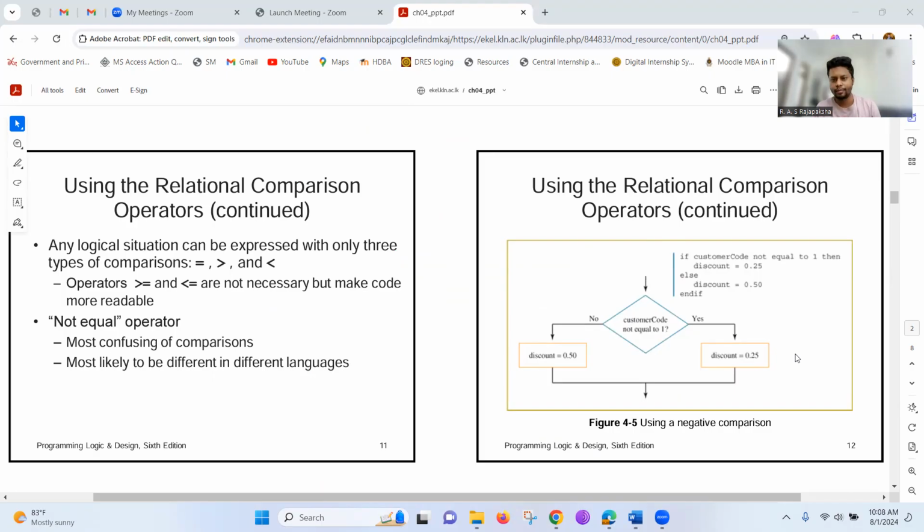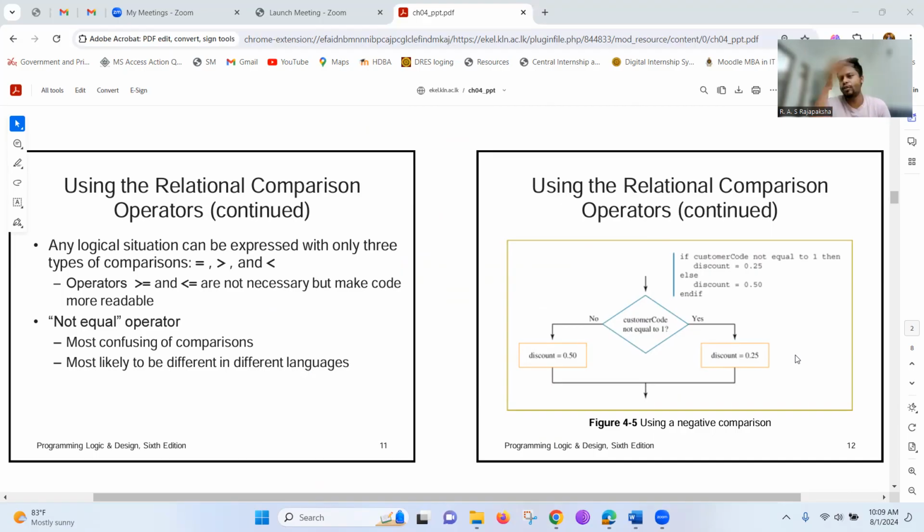Here you can see, using the relational comparison operations, any logical situation can be expressed within only 3 types of comparison. Yes, equal, greater than, and less than. We mostly use these 3 operations when we are going to make a decision, right?